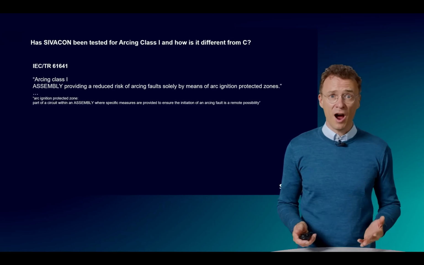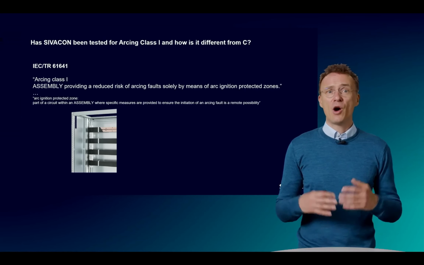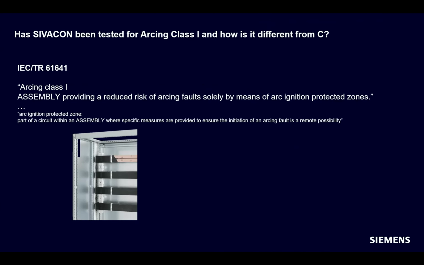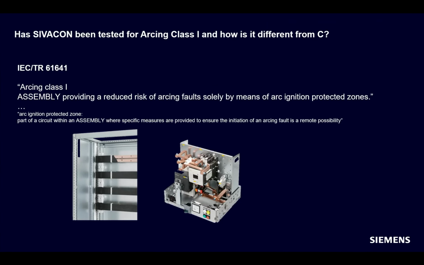Parts of Civocon S8 are realized in Class I, however not the complete system. This is also a question of economy, as insulation requires significant additional effort. Civocon S8 as a complete system is available up to Class C, meaning that the design consists of tested and insulated zones.